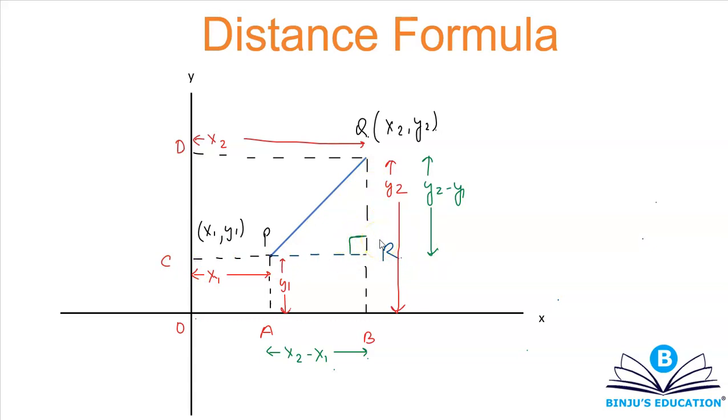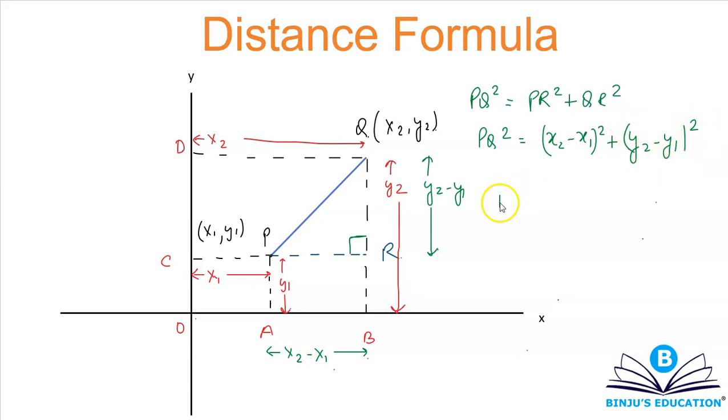So you can say that PQR is a right angle triangle, right angled at R. You can use the Pythagoras theorem now, and you can go on saying that PQ square is equal to PR square plus QR square. So PQ square is equal to x2 minus x1 square plus y2 minus y1 square. Or you can say that PQ will be equal to under root of x2 minus x1 square plus y2 minus y1 square.